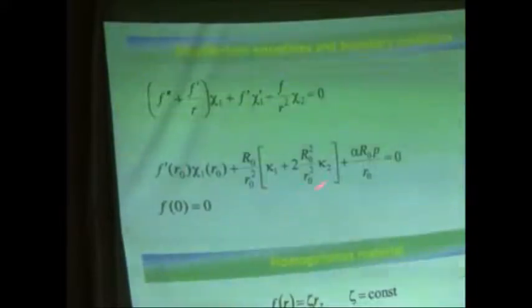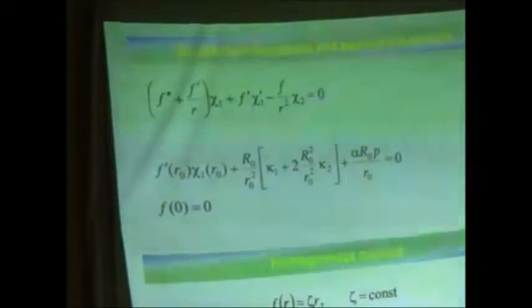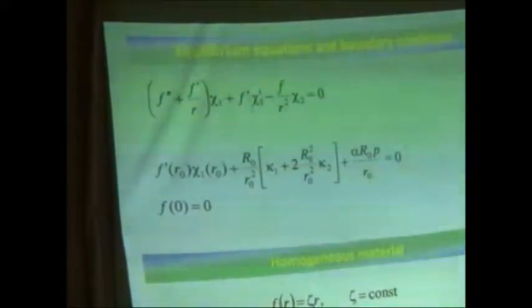Here the second term is due to the surface stresses, and the third term is due to the possible external pressure, which is calculated per unit area of the deformed rod.